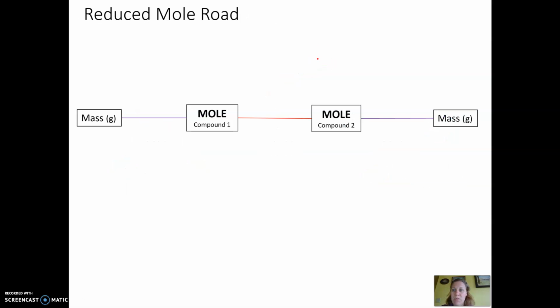And then I just simplified it down really to the 4 steps. You go left to right. So this would be compound 1 over here, if it starts with mass. Any of these boxes is a starting point, and then the lines in the middle would be the steps on the grid.